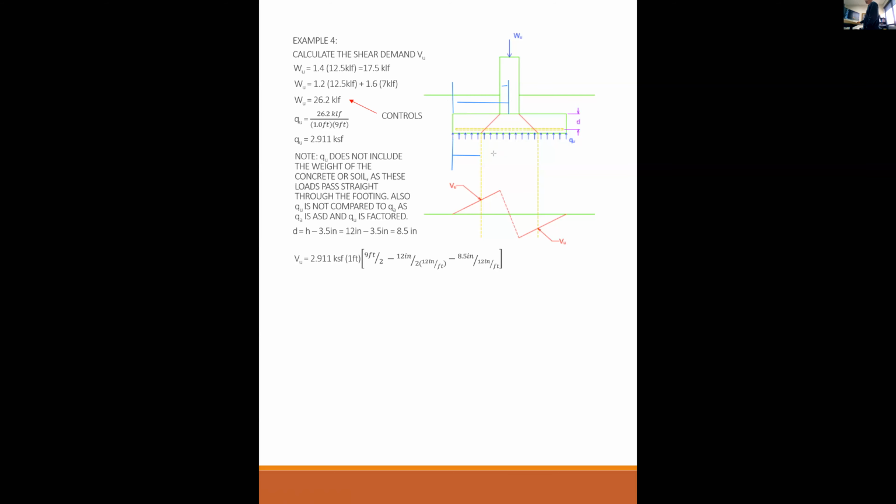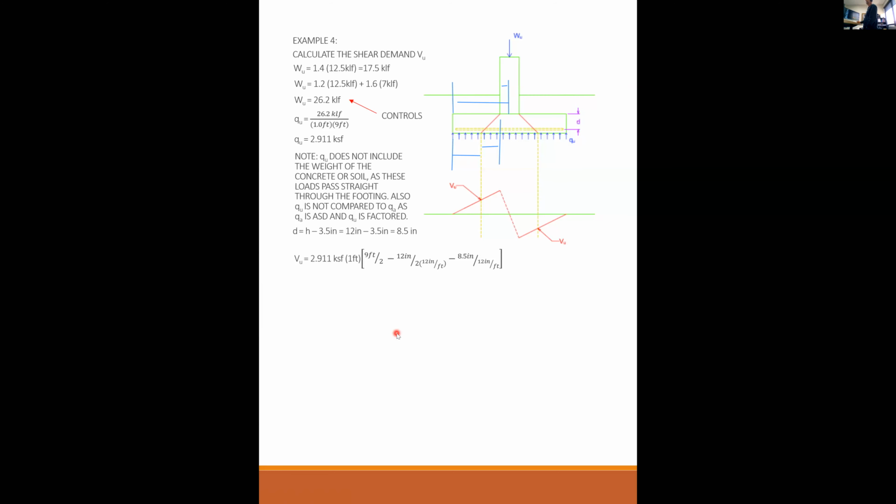And then I subtract out from the face of the wall to my critical section the dimension D. So then I take out D. And then these are divided by 12 and 12 here and here just to keep everything in feet. Okay? So shear is found by this distance here, and I get that distance by half of the overall footing minus half the wall minus D. That's what this is.